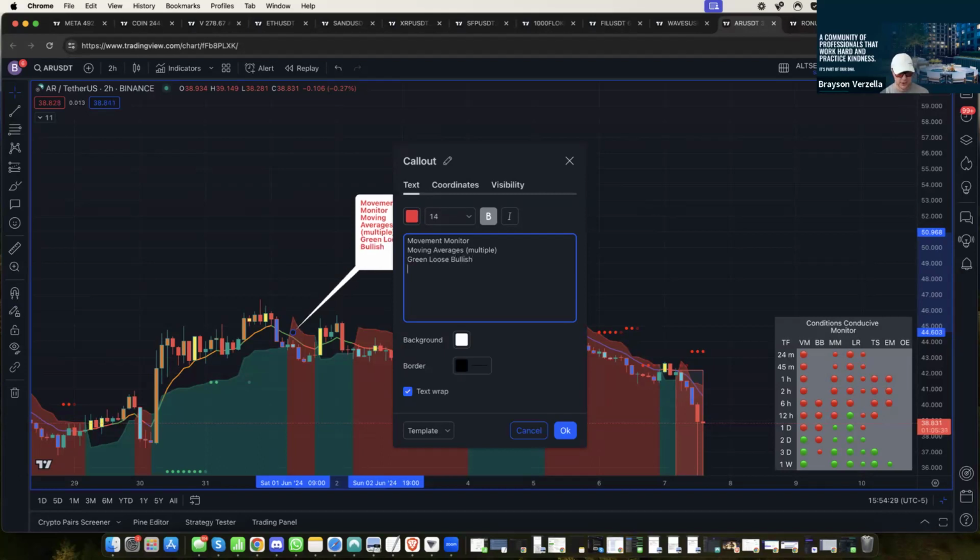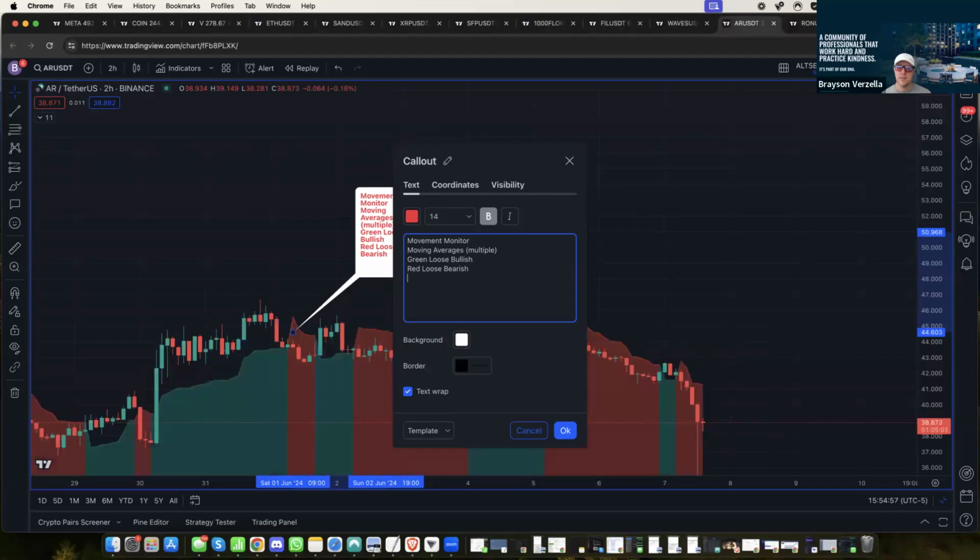And then when it comes to red, it's loose bearish, which generally means, for our purposes, that it's technically more bearish than bullish, but there's not necessarily evidence, if we're just looking at that time frame, that make conditions conducive to a short. And if it's just loose bullish, you could long it, but they're not extreme enough conditions to count on a long, right?